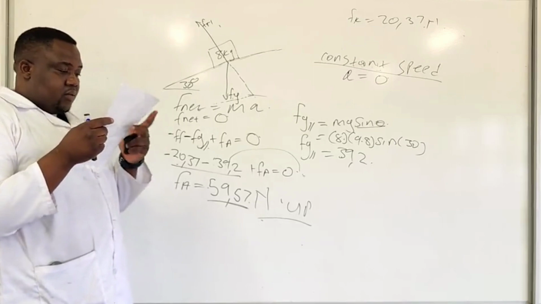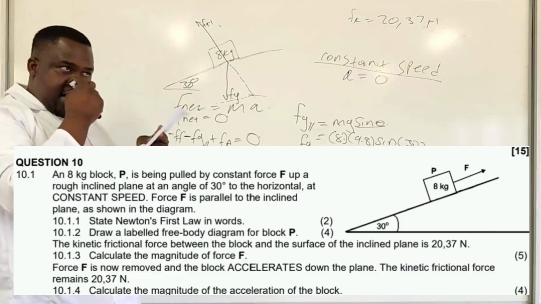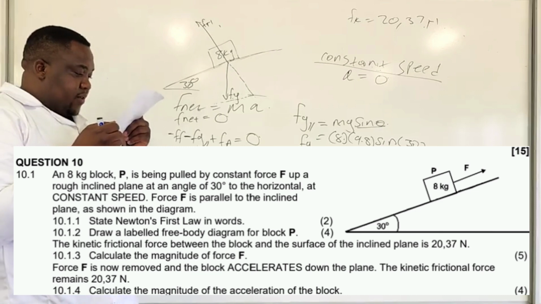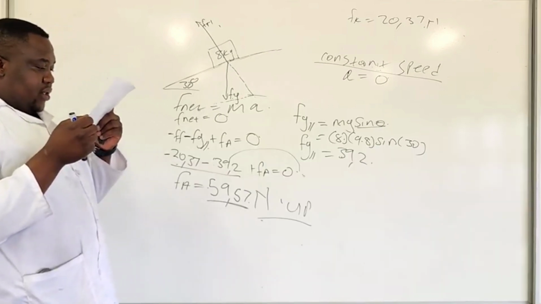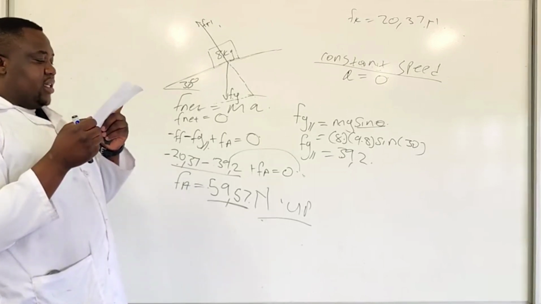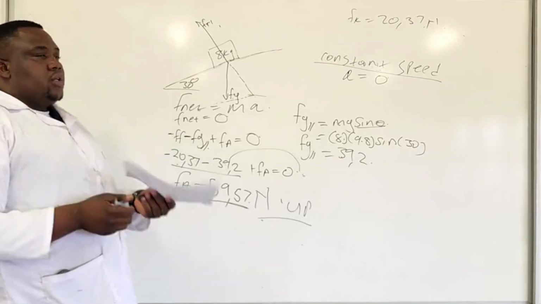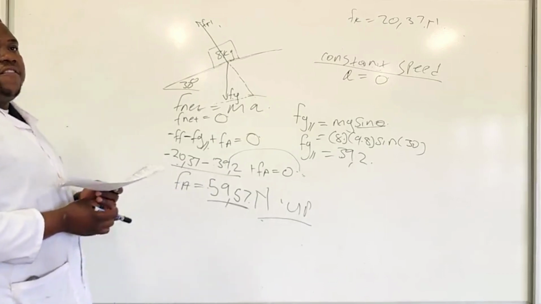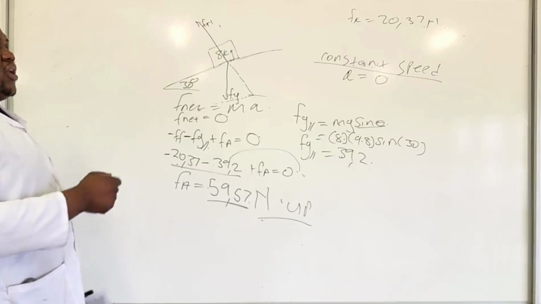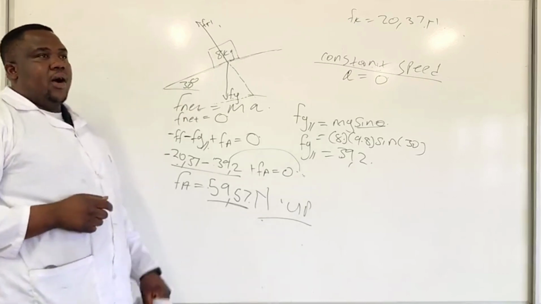Then, what do we do? It is appearing on your screen. It says calculate the magnitude of the acceleration of the block. Now, that force F was removed. Then the object started to move down.